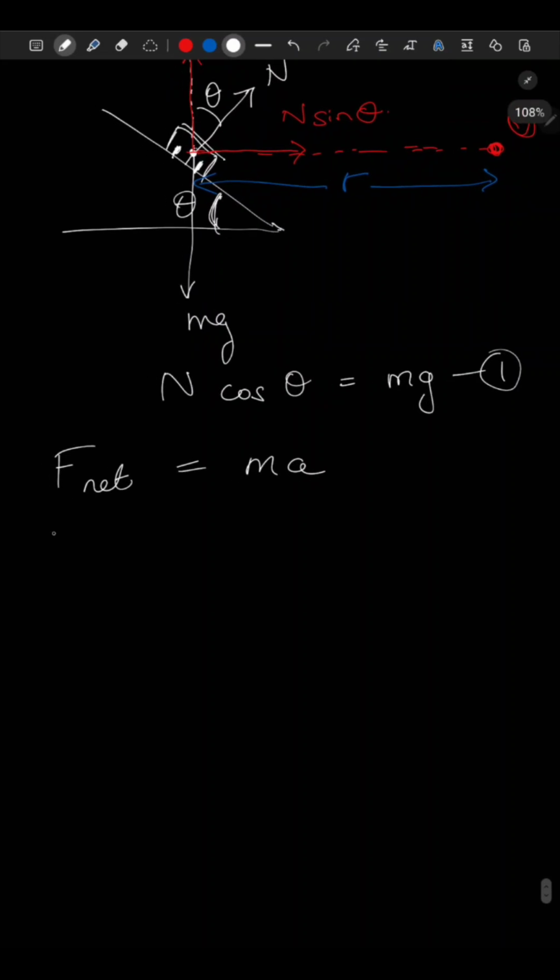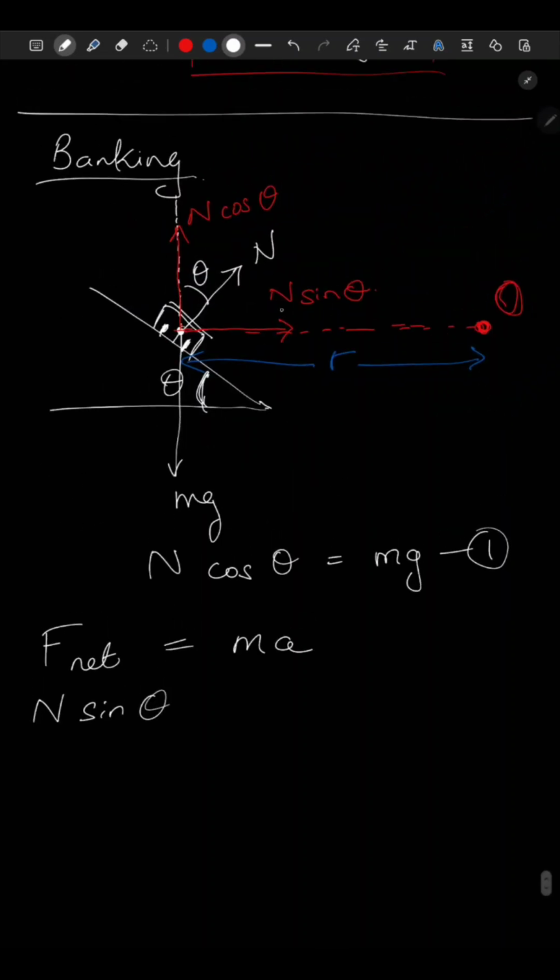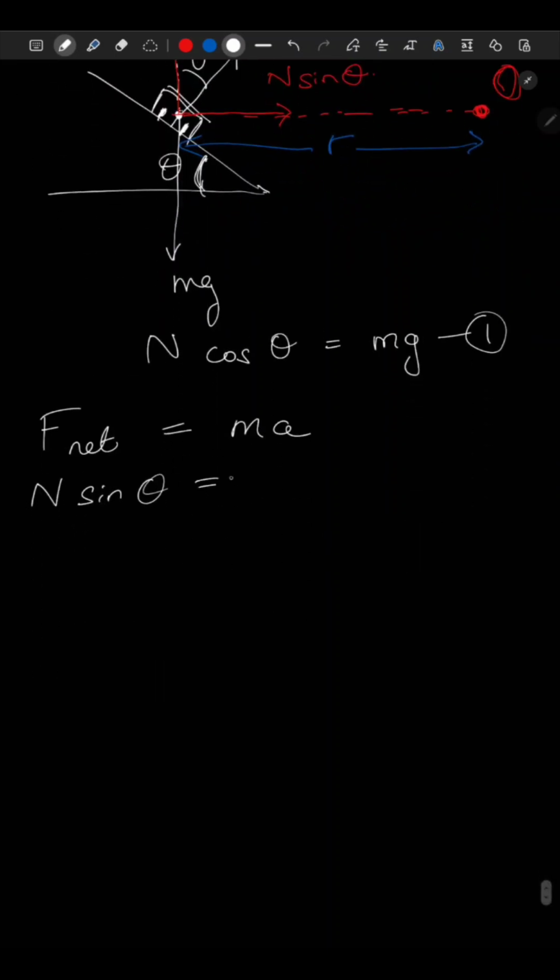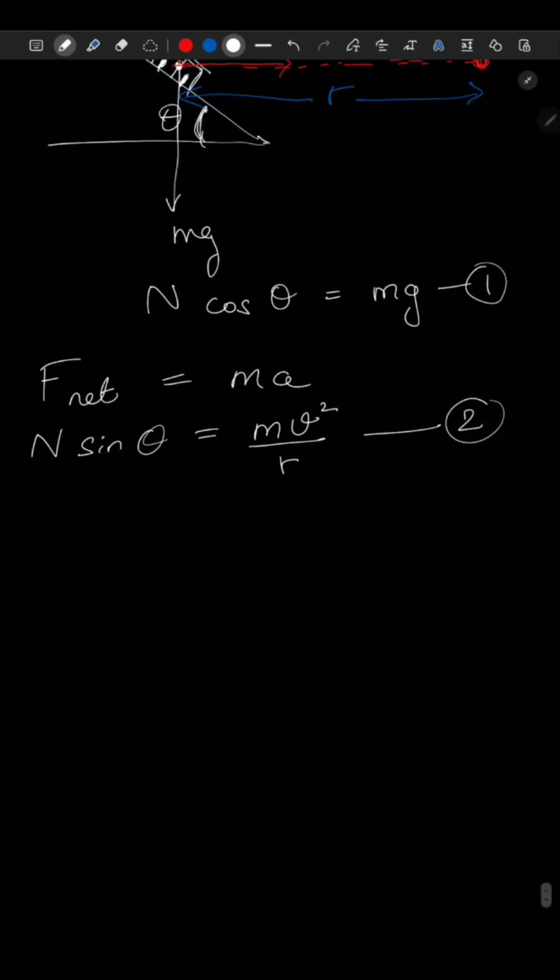So N sine theta is the centripetal force because it is directed towards the center of the circle, and it equals the mass times the velocity squared divided by r, the radius of the circle. This is the second equation.